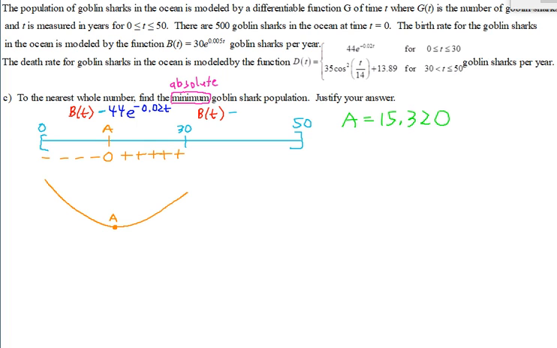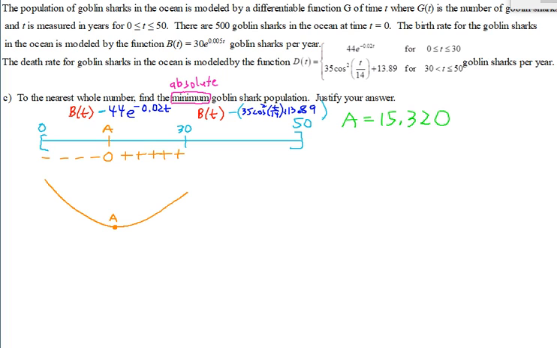So it would be minus this 35 cosine squared t over 14 plus 13, what's that, an error there, sorry, 0.89. So that's what we use on this next interval.